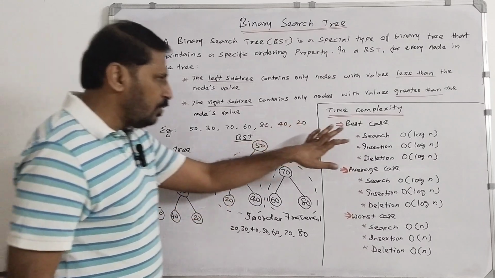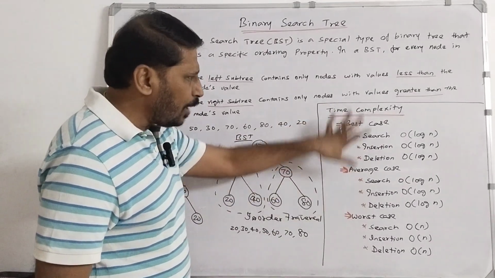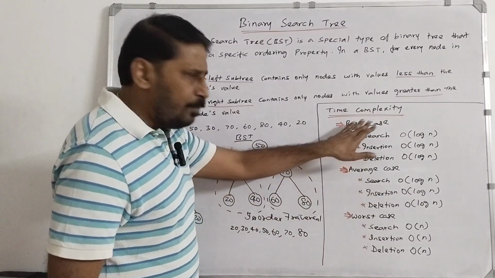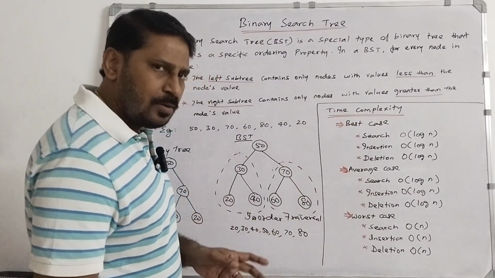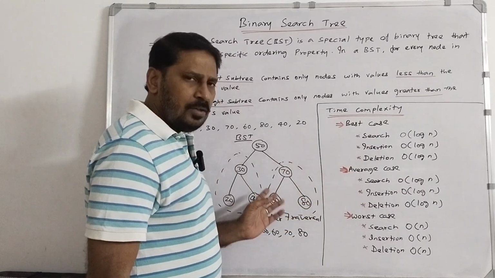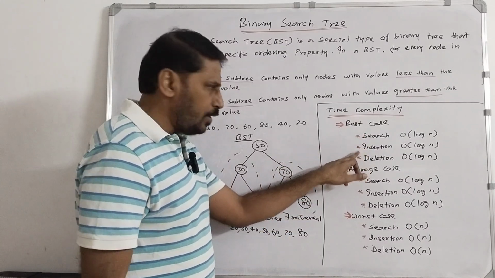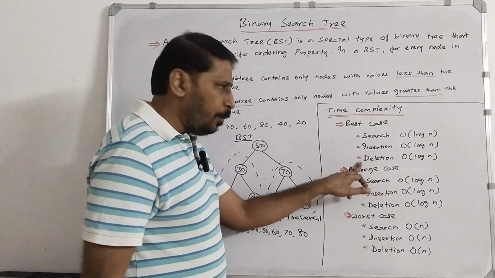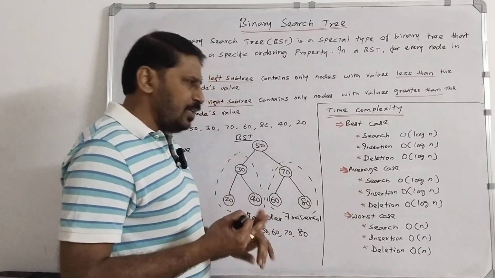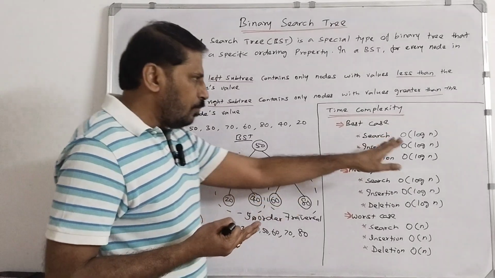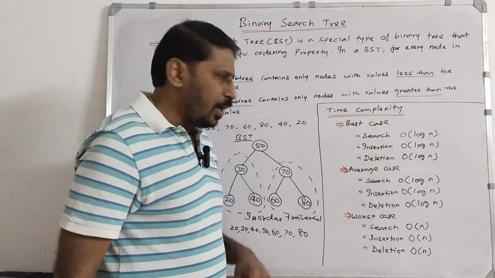Now we come to the time complexity. As far as the time complexity is concerned, there are three operations we are doing in BST. One is the search operation, another is the insertion operation, another is the deletion operation. In the best case, for all of search, insertion and deletion, the time complexity is big O of log n.